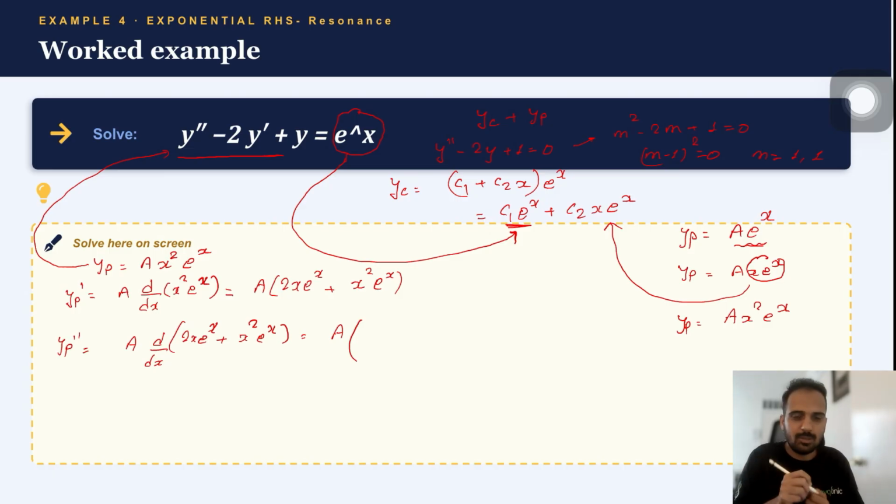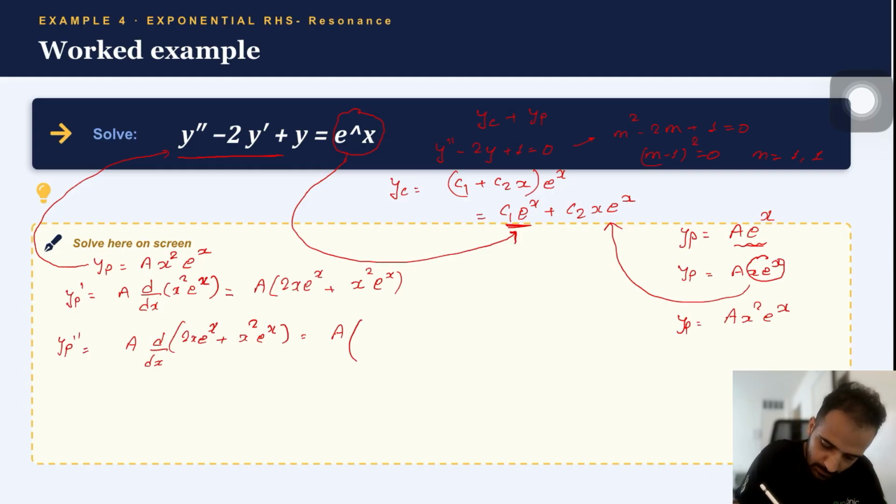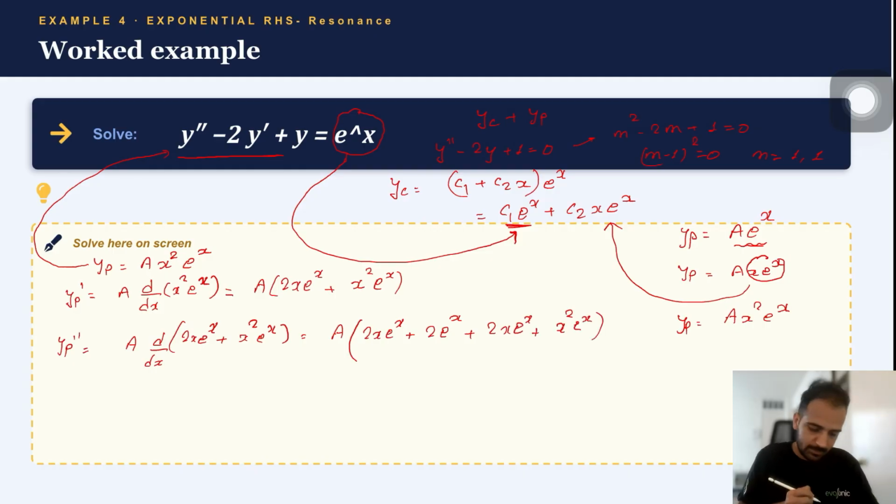If you are not familiar with this, just revise your calculus. You will have 2 e^x plus 2x e^x plus 2x e^x plus x squared e^x. Here you go.